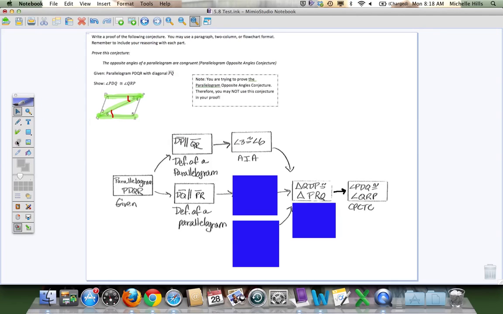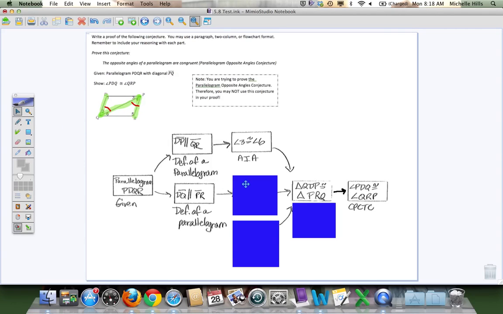Now, let's go back and look at the next set. Transversal is going to be the same, but in this case, if this side is parallel to this side, and this is my transversal between those two sides, then I end up with angle 2 and angle 4 being formed by those.